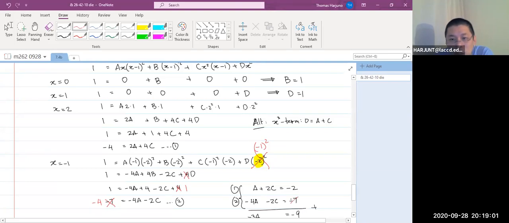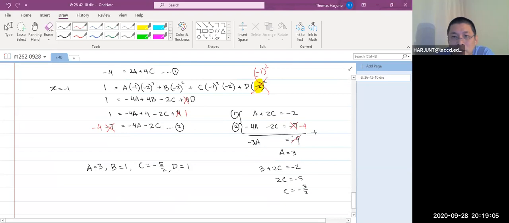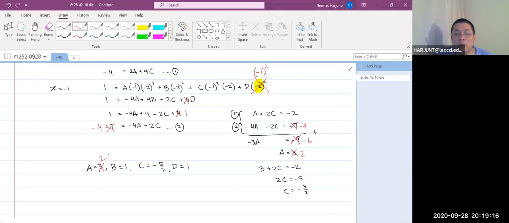So this is -4. So A equals to 2 instead. Now if A equals to 2, then C will be -2. Yeah, good thing you asked me to check it.